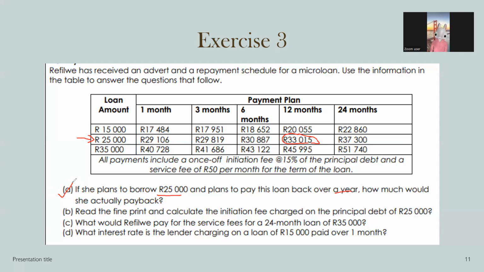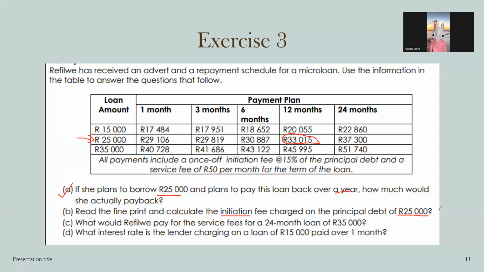Next question. Calculate the initiation fee charged on the principal debt of 25,000 rand. So let's calculate the initiation fee of 15%.